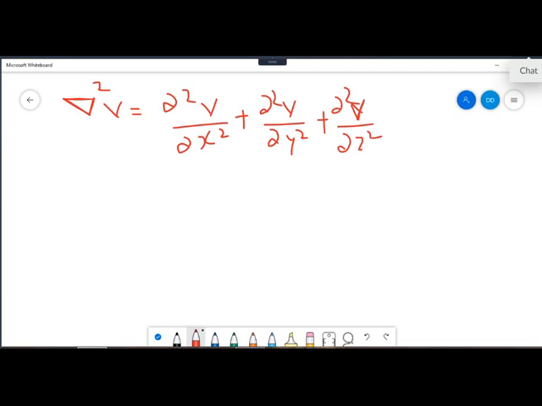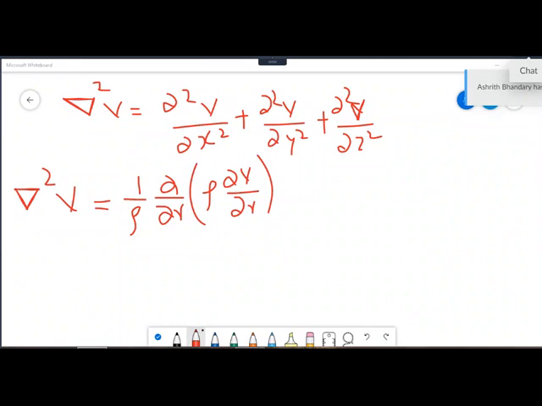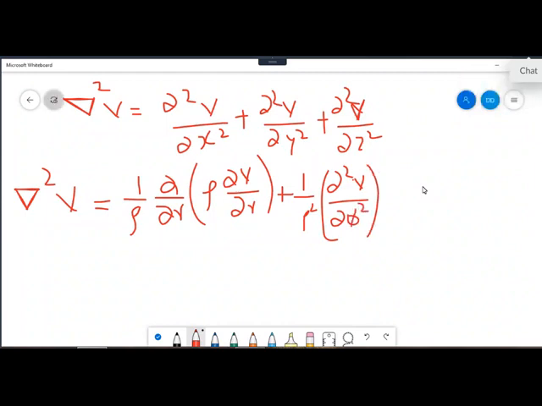Okay. When you go to cylindrical coordinate system, this equation becomes cylindrical. In cylindrical coordinate system, this becomes 1 by rho del bar by del bar rho into rho del bar V by del bar rho, plus 1 by rho square del bar square V divided by del bar phi square, plus del bar square V by del bar z square.